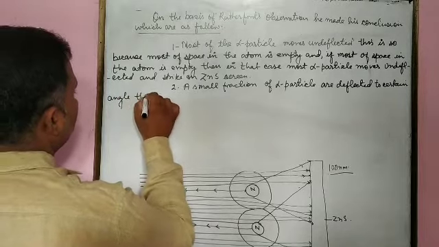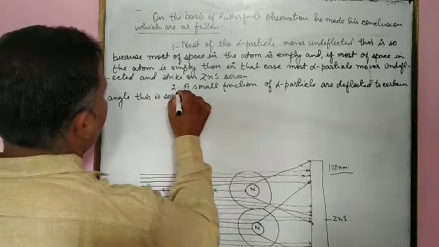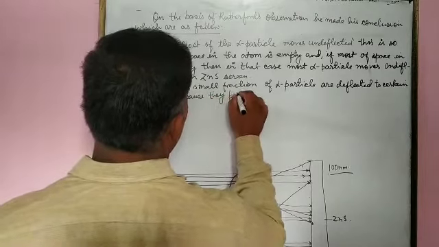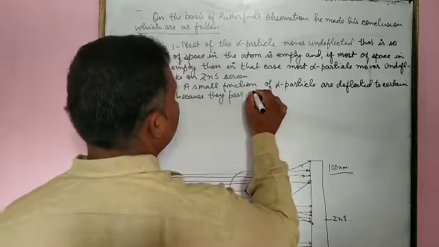This is so because they pass near positively charged spaces, and when they pass through the positively charged spaces, though the alpha particle is positive, it means they have positive repulsion, therefore they are scattered to certain angles.